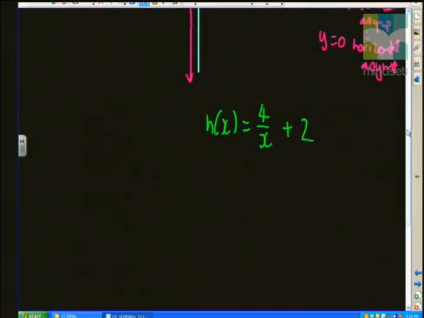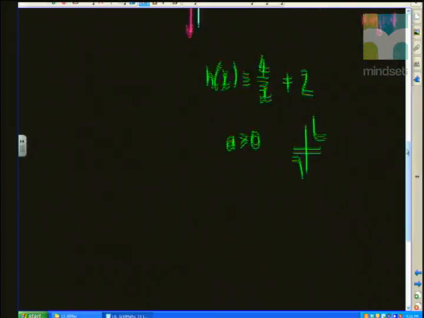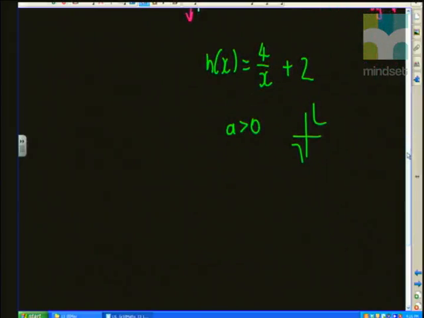But if we were just given this question, asked to draw this graph, we would analyze it from scratch, right? We'd look at a and say, well, a is greater than 0, so that means it's going to fall in the first and the third quadrants. We then look for the x-intercept or the y-intercept. Remember we are dealing with a hyperbola here.